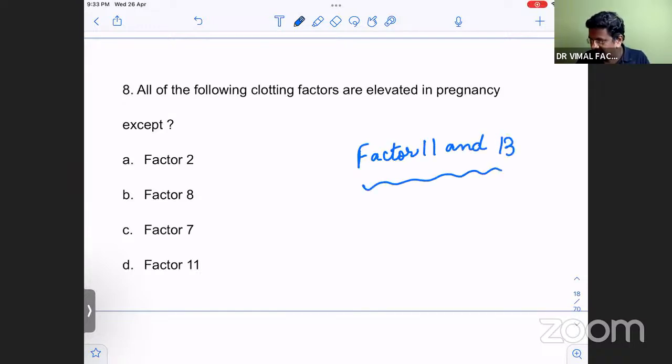Remember, pregnancy is a hypercoagulable state. Why? Because so many clotting factors are elevated, including your factor 8. Factor 11 and 13 alone are not elevated.